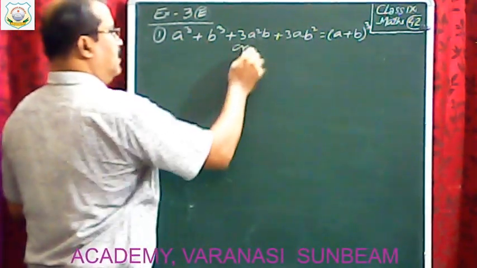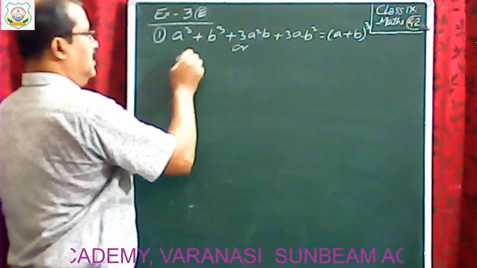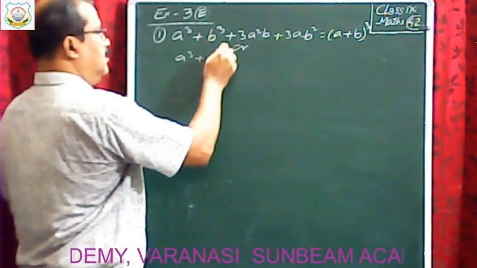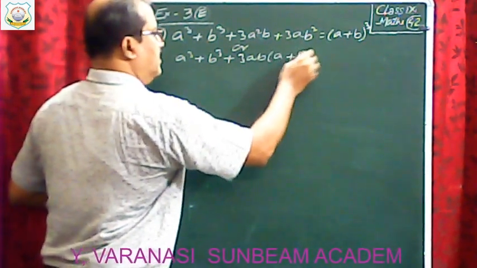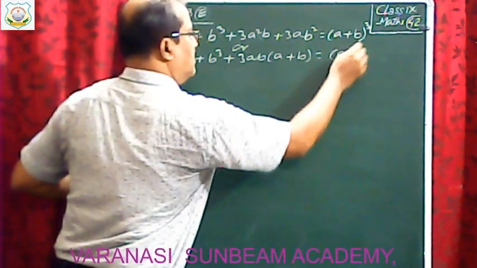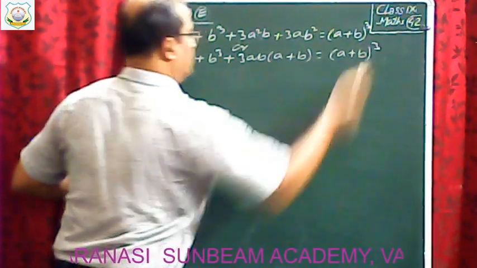Also, if you take out common from the last two terms, we get a cube plus b cube plus 3ab within bracket a plus b, equal to a plus b whole cube.